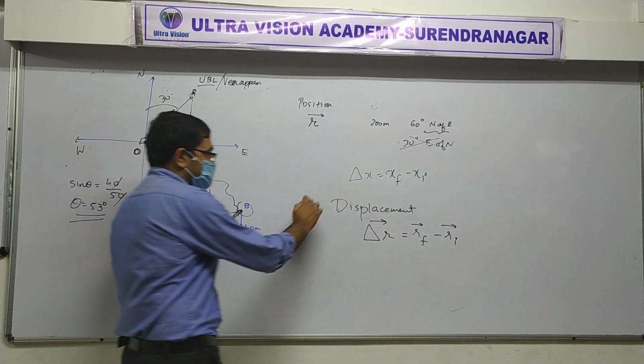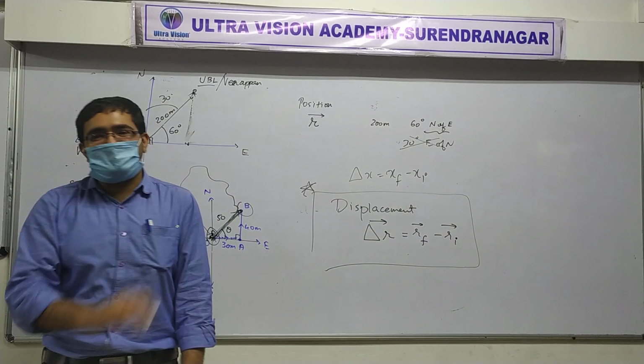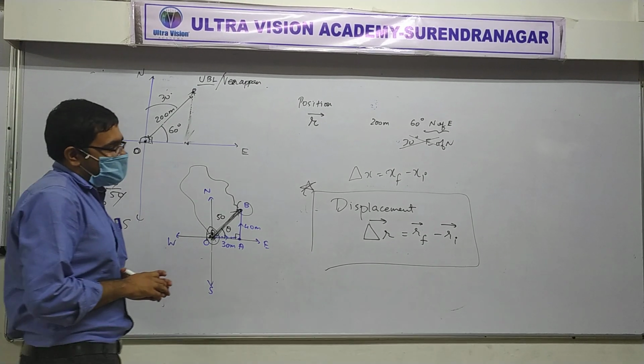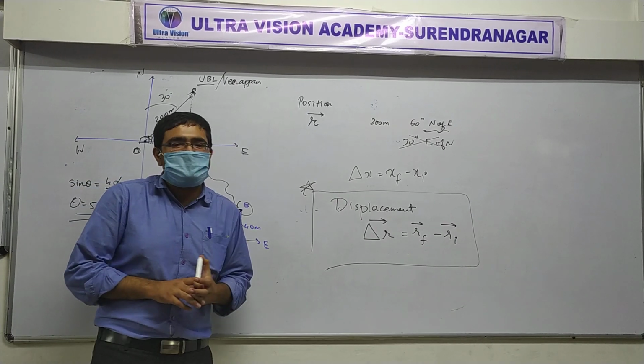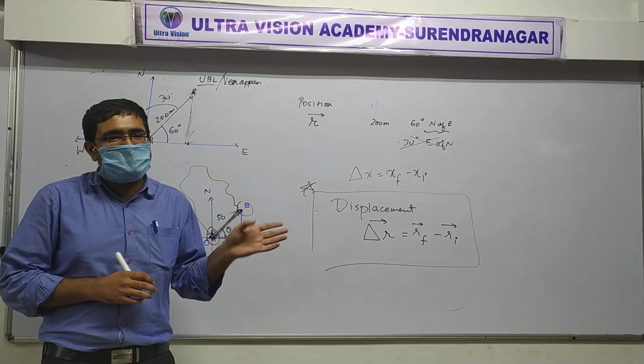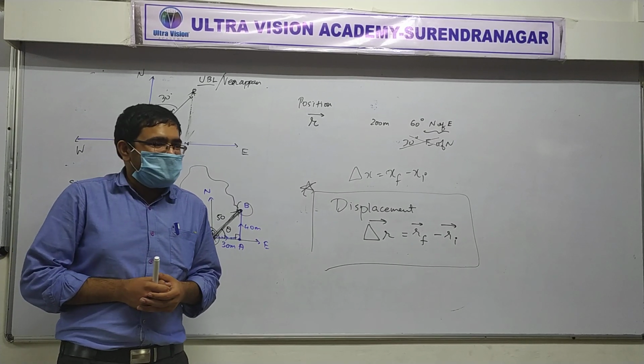This is the new formula, new and improved version. Displacement is a vector, so delta r vector is equal to r f vector minus r i vector. Has the definition changed? No. Only the way of writing it has changed.